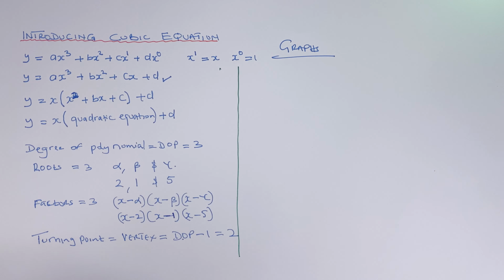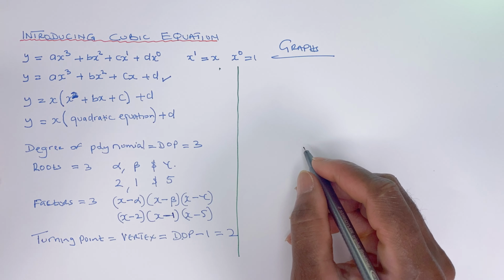As you can see, there are different types of graphs you can get for a polynomial, a cubic. So I'm just going to talk about those. There are 8 types of graphs I want to talk about.